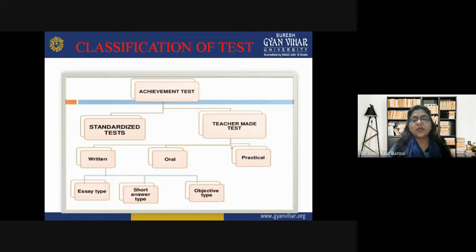Now the written teacher-made test is again divided into three parts: essay type, short answer type, and objective type written teacher-made tests. So this is how the teacher evaluates the students after teaching the concept in the classroom.